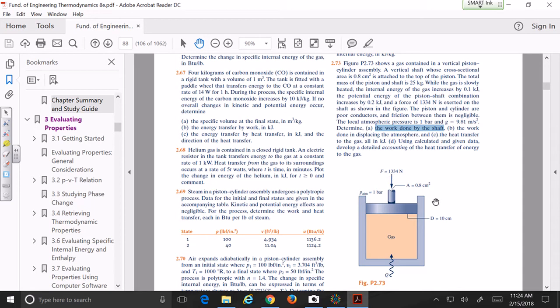Okay, so I see. So you're trying to find out the h, no? Yes, sir. Let's go to here. So this is 0.1 kilojoules. Okay, so this is the potential energy of the piston combination increases by 0.2. This one and the force on the shaft. So basically what I'm trying to do is mgh will be equal to this 0.2.